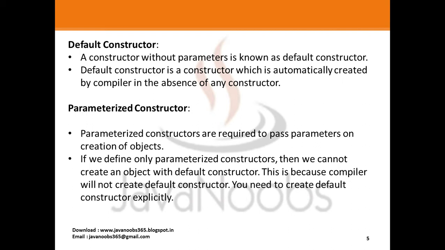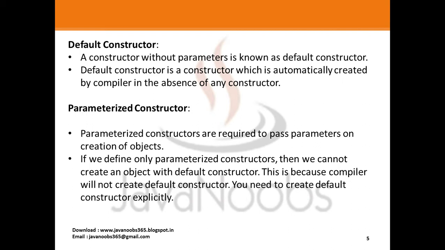Meaning, even though we do not declare it, the compiler will automatically construct the default constructor, but it will not be visible to us. So if we manually put in a constructor, then the compiler will obviously not create another default constructor. Every class should have a default constructor, and that is compulsory.